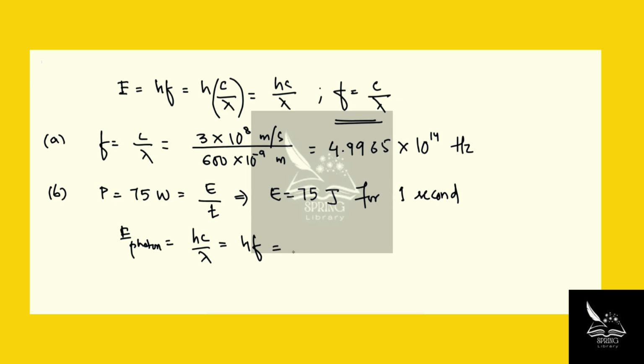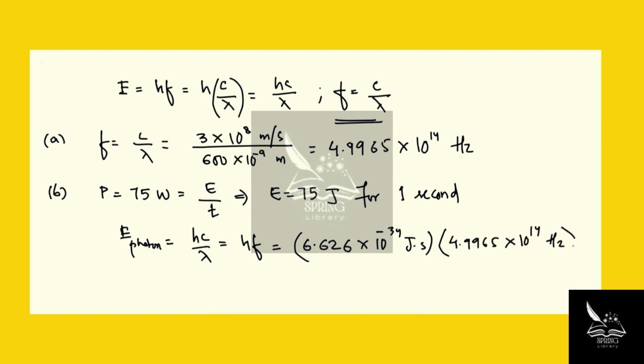And h, the Planck constant, is 6.626 times 10 to the power minus 34 joule seconds, and then we substitute this value of frequency, in hertz, and this gives the energy of a single photon to be 3.3107 times 10 to the power minus 19 joules.